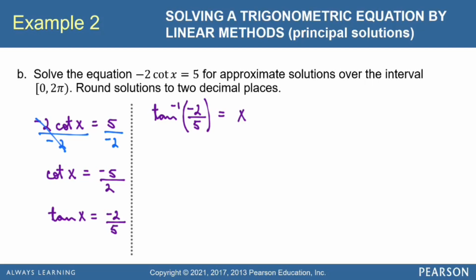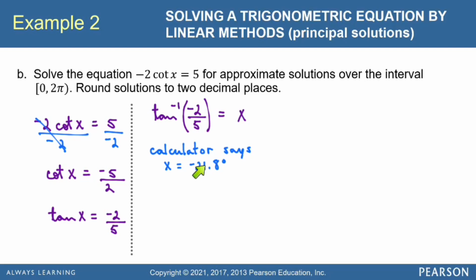So what I would suggest for you to do is leave your calculator in degree mode, and that way you'll know that you're getting answers that are in the right quadrant, and then we'll convert those solutions into radian form.